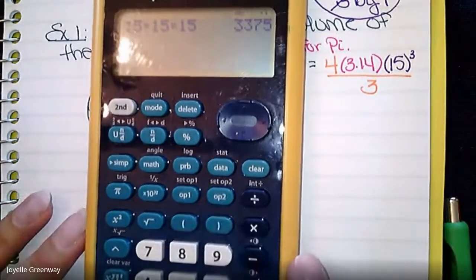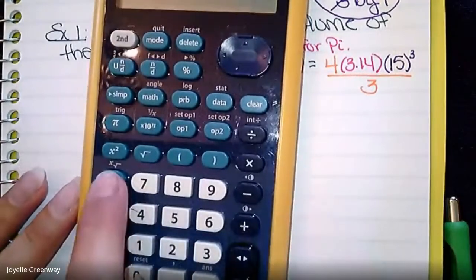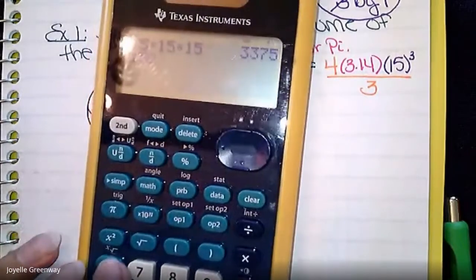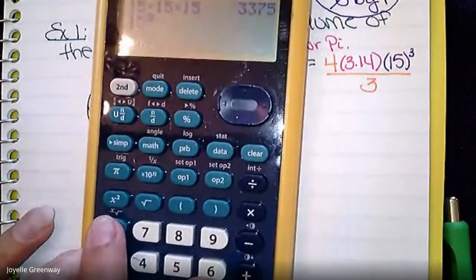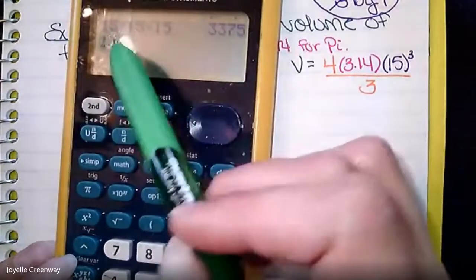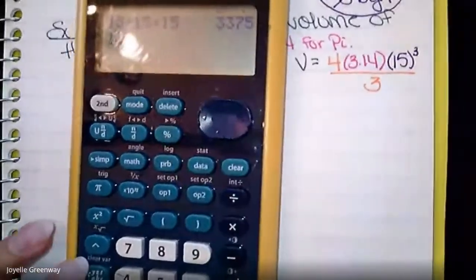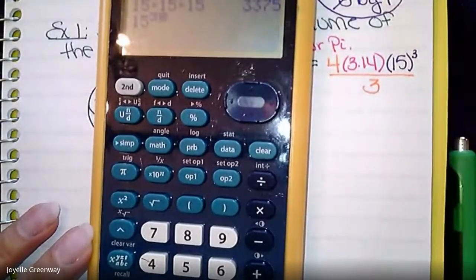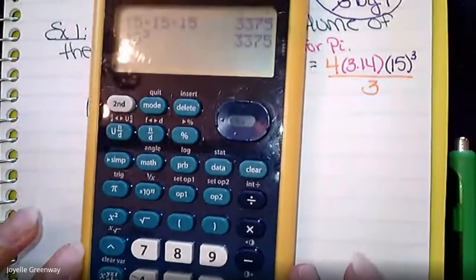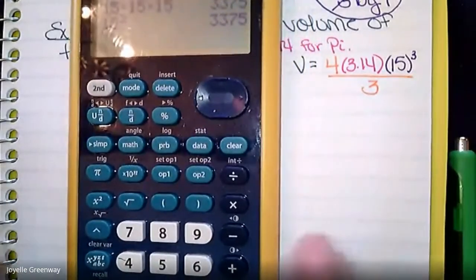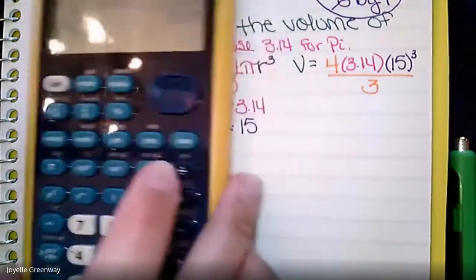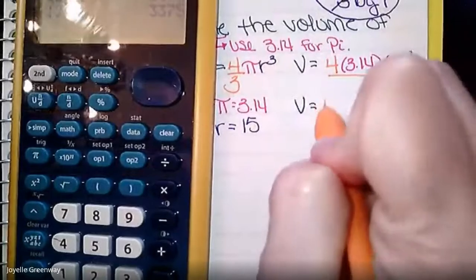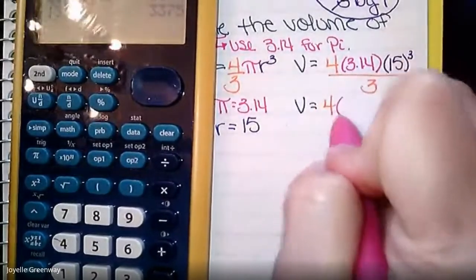If you have a calculator like this and you see the caret right here, if you do 15 and then hit the caret, see how it pulls this little box up like an exponent there? I don't know if the glare is in the way. Then you just type in the exponent, which is 3, and hit enter, and that's how you can do that on your calculator.